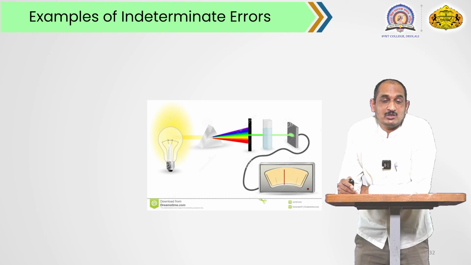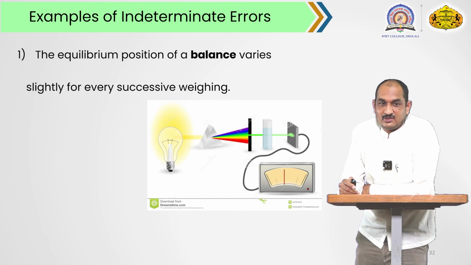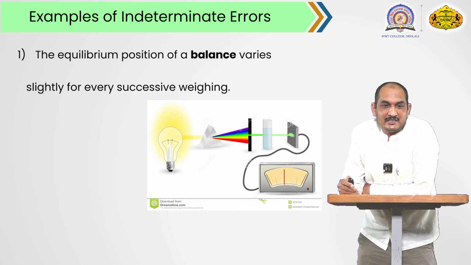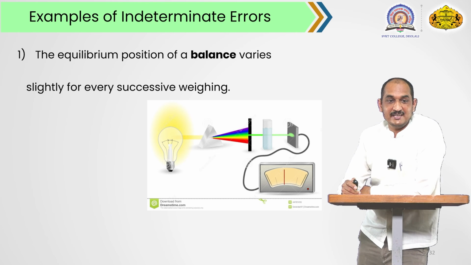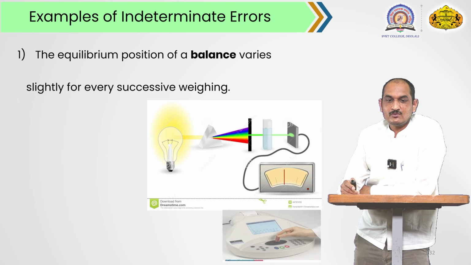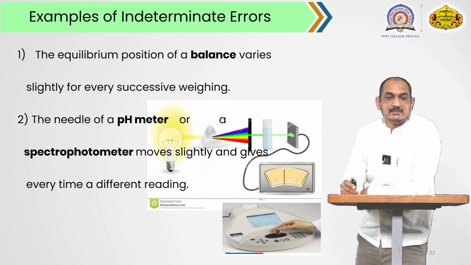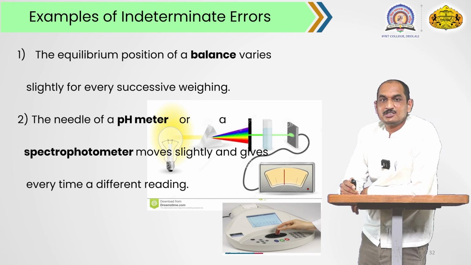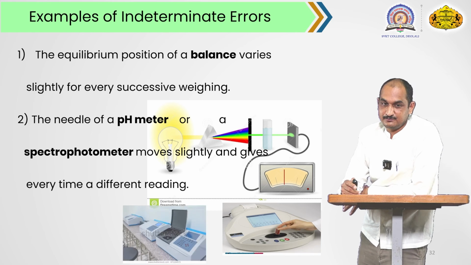Then the next important point is some examples of the indeterminate errors. The first example is that the equilibrium position of a balance varies slightly for every successive weighing. The second example is that the needle of a pH meter or a spectrophotometer moves slightly and gives a different reading every time.